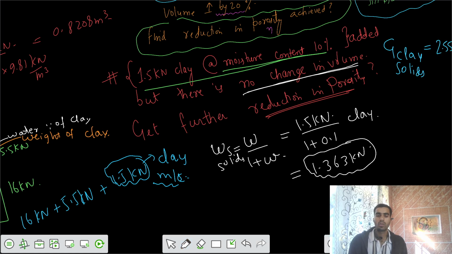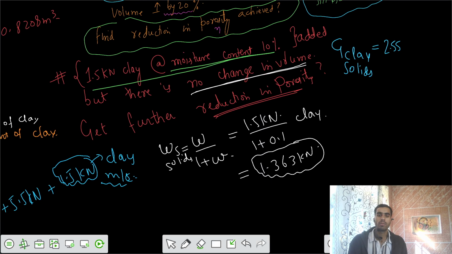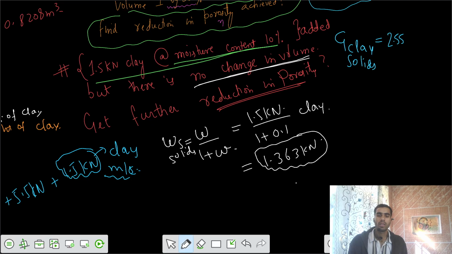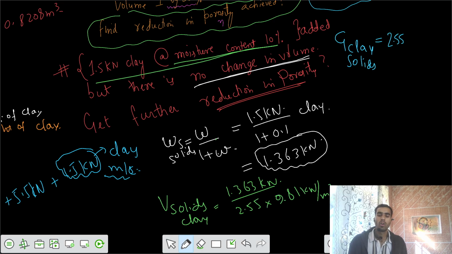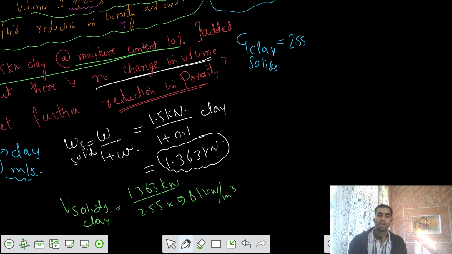So I need the volume of solids of clay, which is the weight of solids of clay divided by G of the clay times gamma W. That comes to about 0.0545 meter cube. So this much of the total volume that was left for the voids is now occupied by those solids.